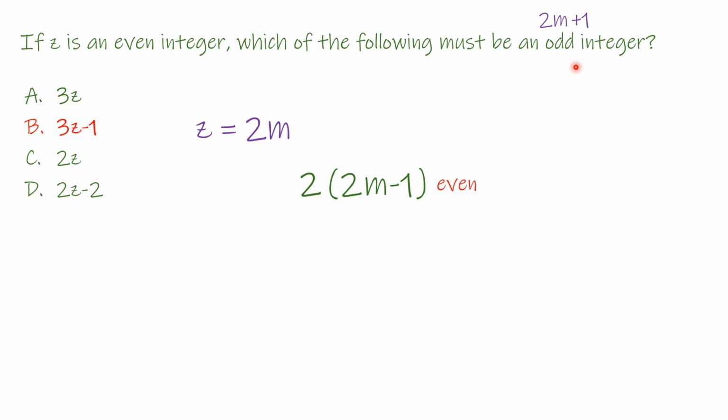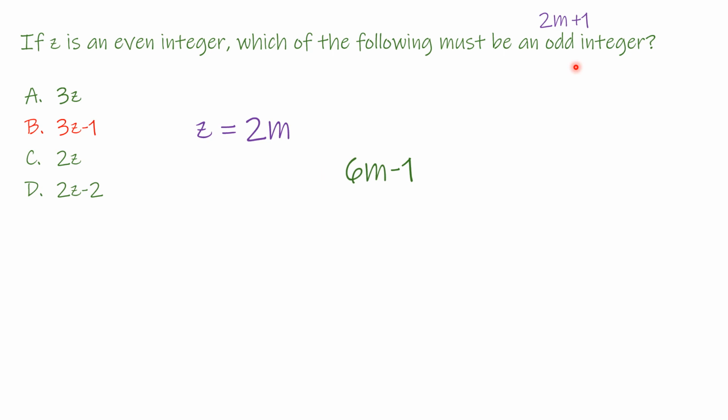Let's go to the answer. Why is it odd? Let us put now the answer, which is 3z minus 1, and then replace the z with 2m. Let's simplify this. 3 times 2m, or 3 times 2 is 6, so it becomes 6m minus 1.